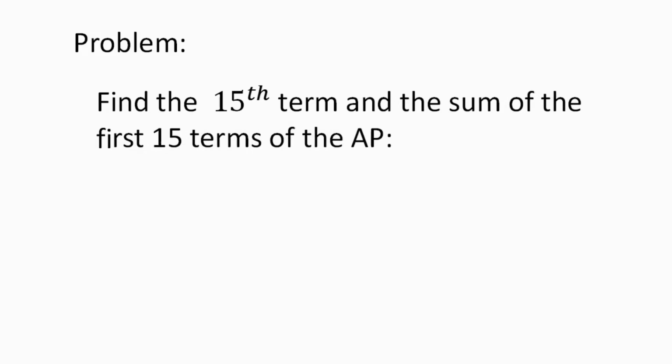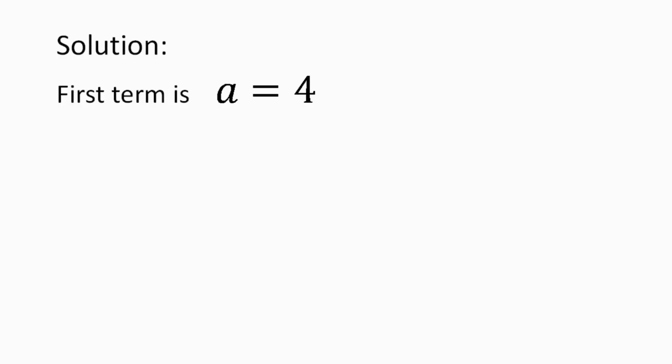In this section we solve problems in arithmetic progression. Find the 15th term and the sum of the first 15 terms of the following arithmetic progression: 4, 7, 10, 13, and so on. The sequence shows that the first term A is equal to 4.